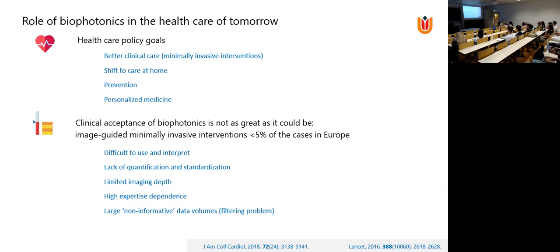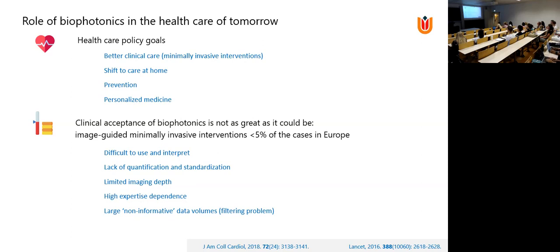The reasons for that come from some big surveys. Well, it turns out that doctors find it difficult to use and to interpret. Use is something that I think is solvable with better machines and interfaces. But the interpretation of data is challenging.